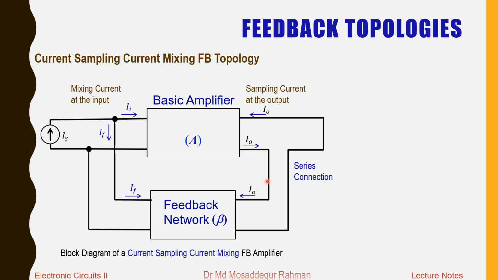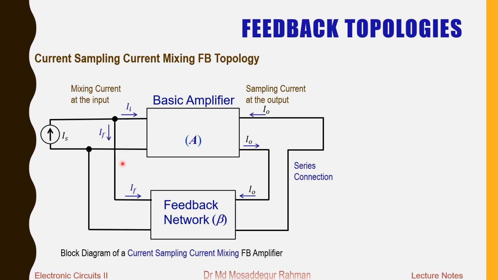It is a kind of series connection to allow the output current of the basic amplifier to flow into the feedback network. The feedback network produces another proportional current, the feedback current, at its output, and this current will be mixed with the source current like before.